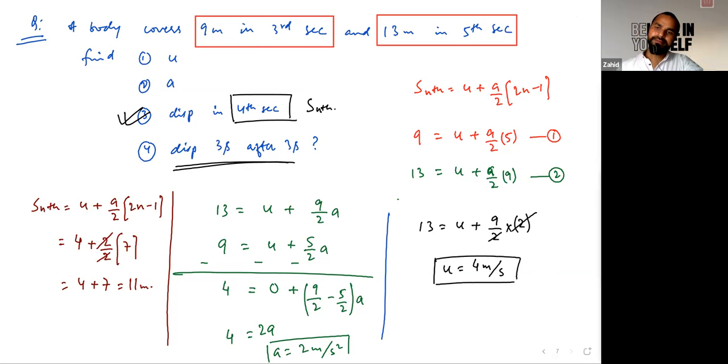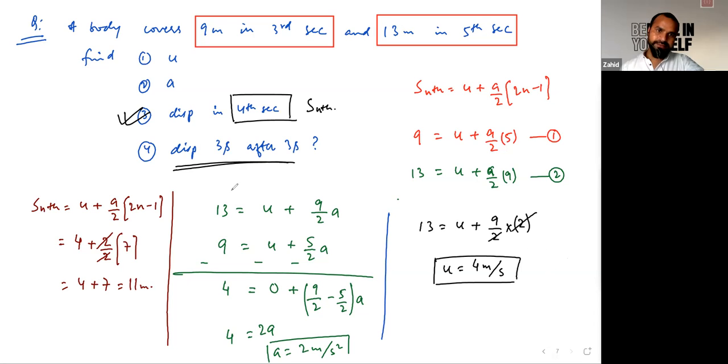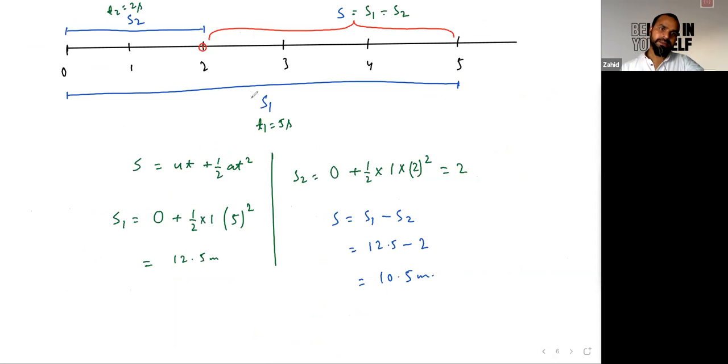Okay, Hiba? Yes, sir. Hamza? Yes, sir. Okay, try to find the fourth part as we have done in this particular problem.